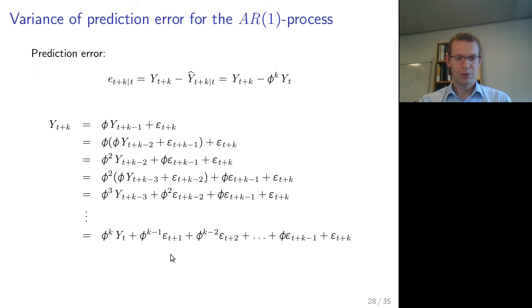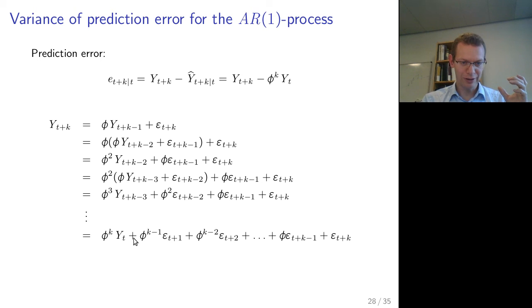So if you look at the variance here, these epsilons are independent, so each of these terms gives a contribution. And if we take a constant times a stochastic variable and look at the variance of that, it's the constant squared times the variance of the stochastic variable, which is sigma epsilon squared here.